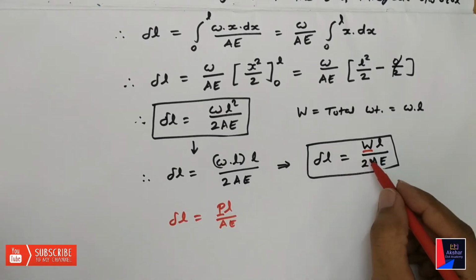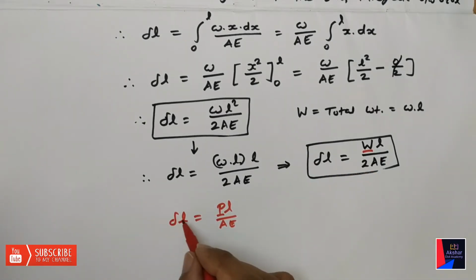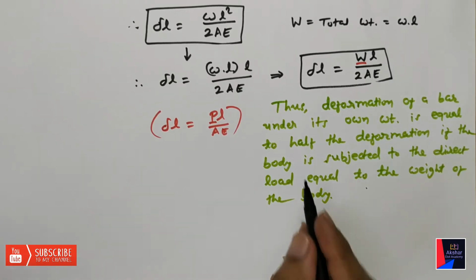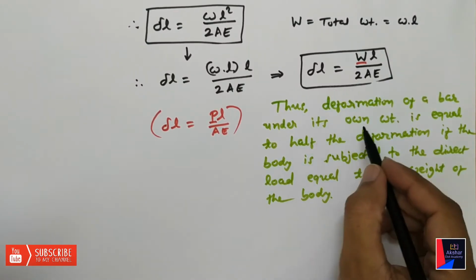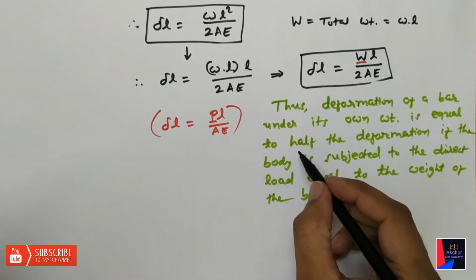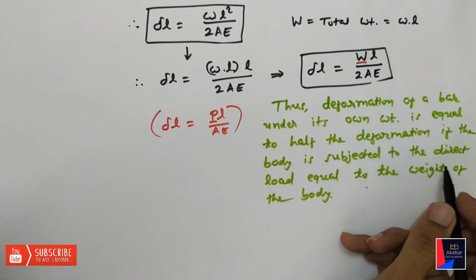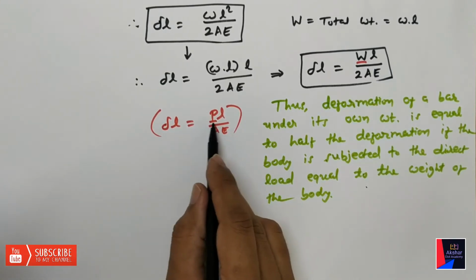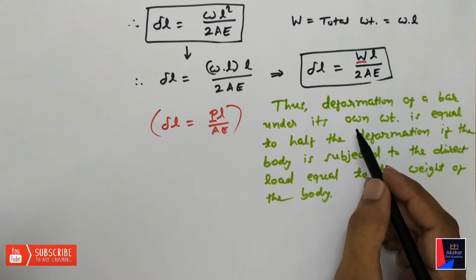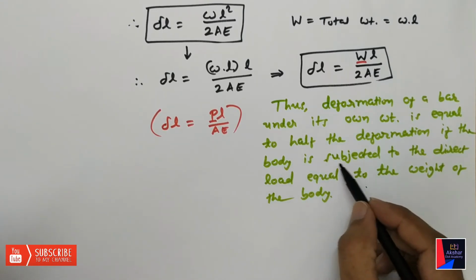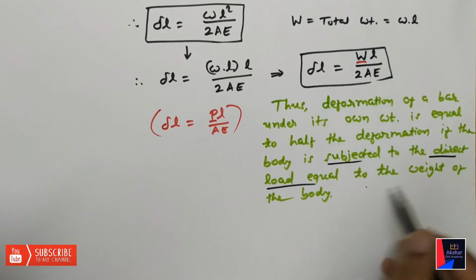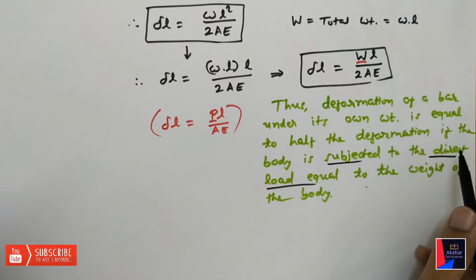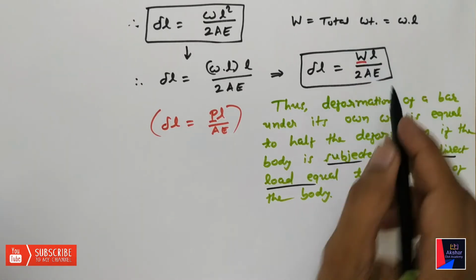These both are the same, but this elongation is half the deformation. Thus the deformation of a bar under its own weight is equal to half the deformation if the body is subjected to a direct load equal to the weight of the body. Clear?